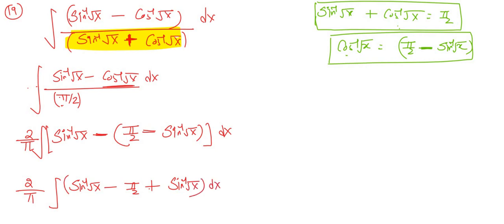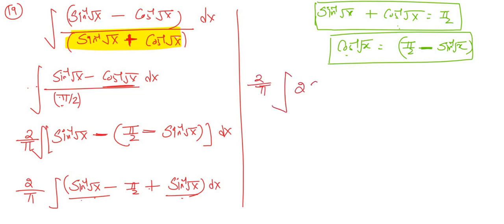Correct? Okay. What is this plus this? It is 2 by pi twice of sine inverse of root x minus pi by 2 dx.